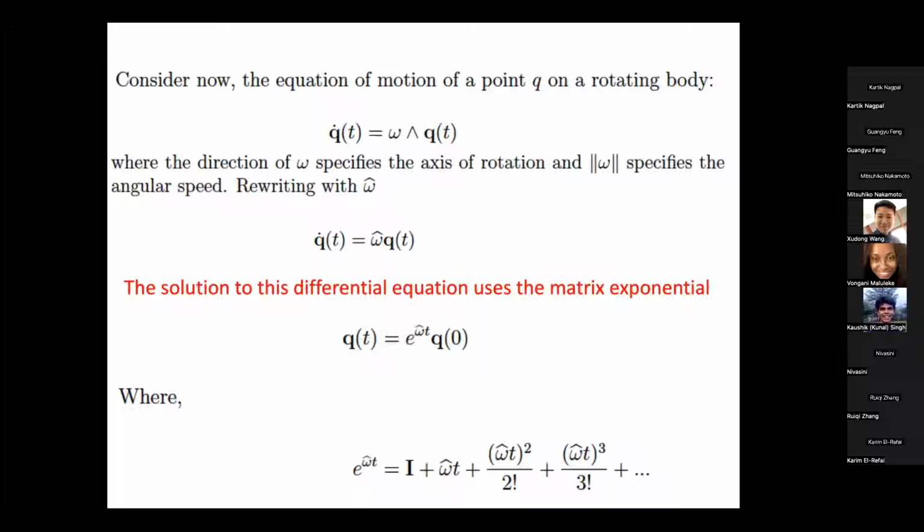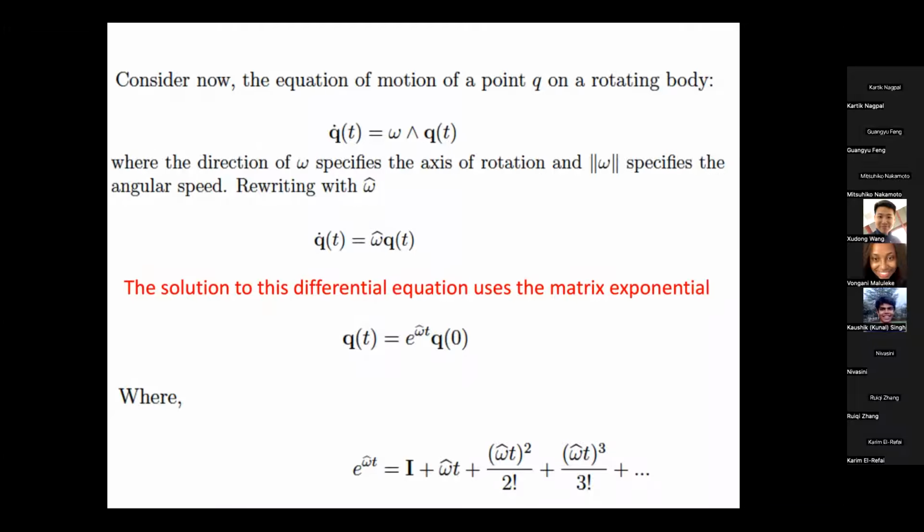It's a Taylor series expansion of e, but omega hat is the funny thing here compared to the a, which is a scalar. Omega hat here is a matrix. So now you remember the Taylor series expansion of just e to the t, right? You know what that is, right?